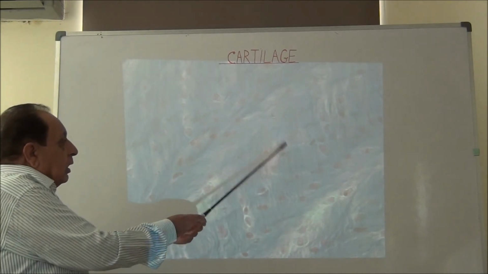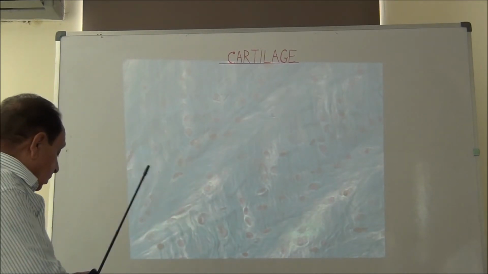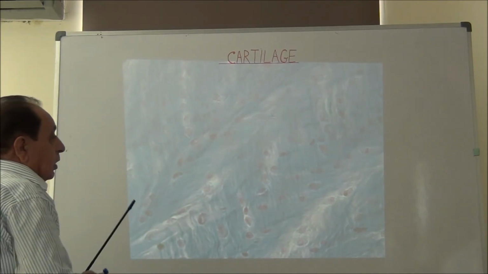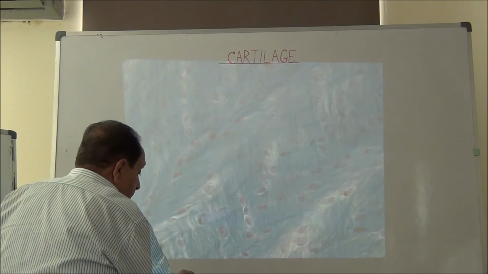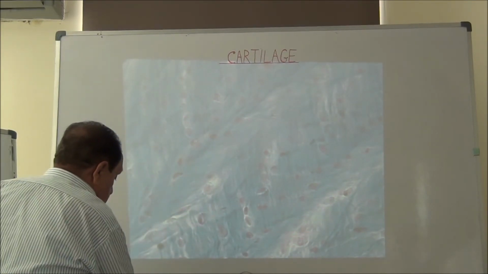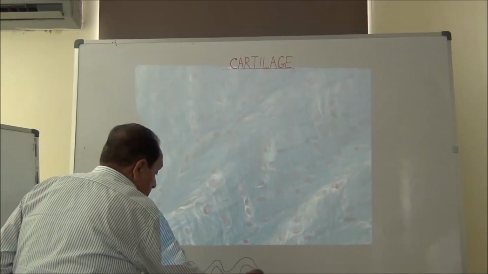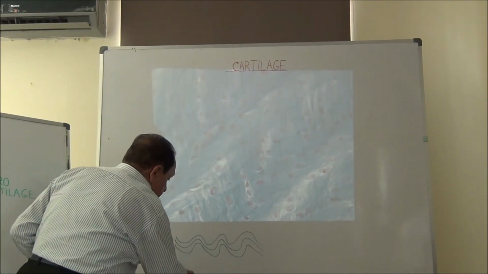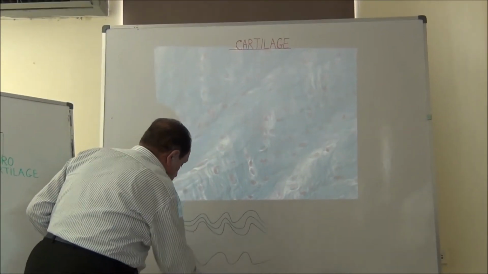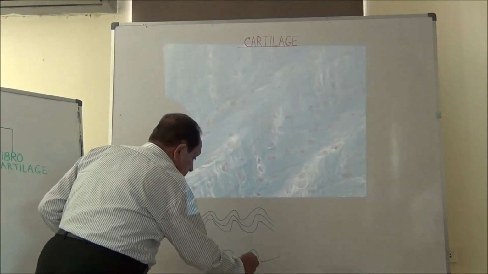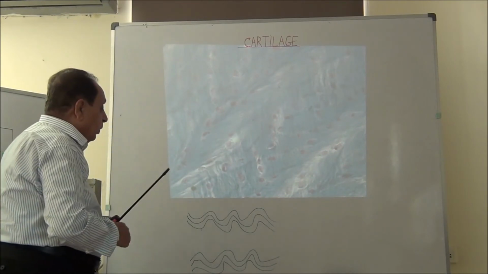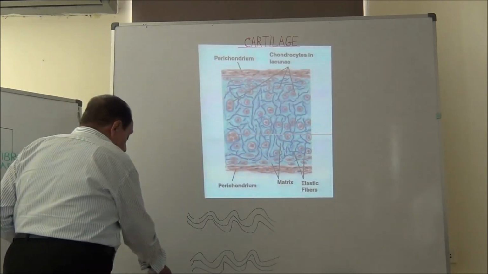Here, in fibrocartilage, these fibers are in the form of wavy bundles. Wavy bundles of collagen fibers.